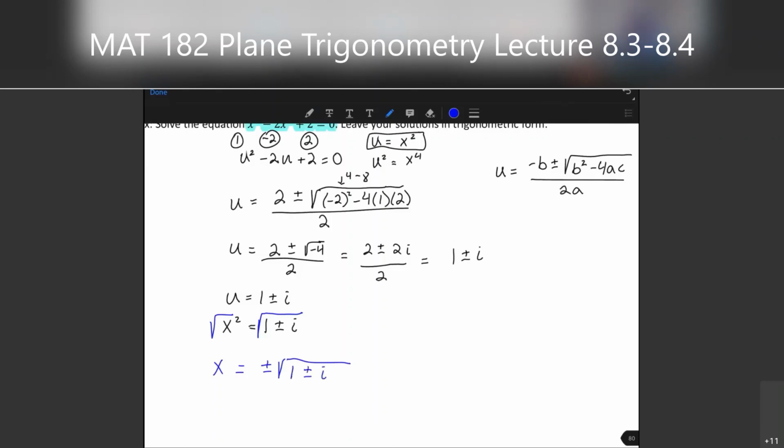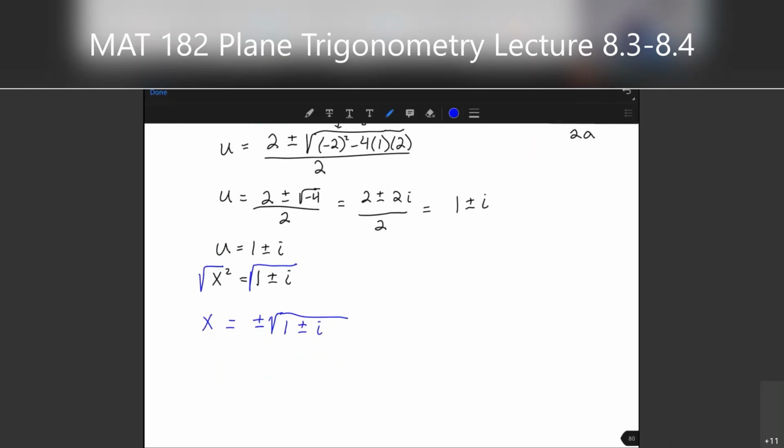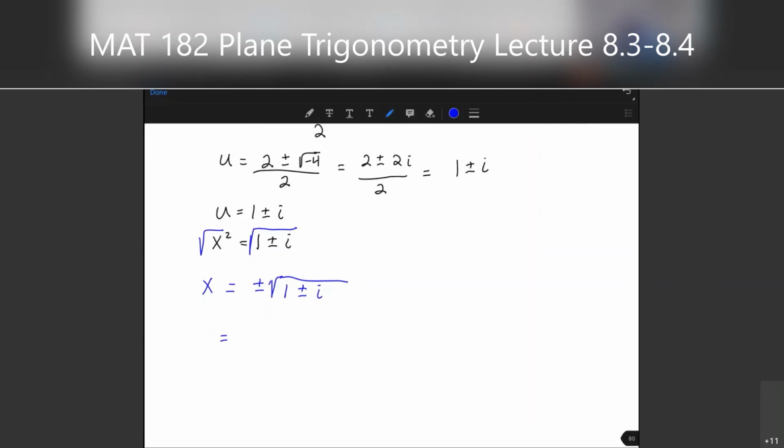That looks kind of crazy, but there are really just 4 solutions there. That's exactly 4 solutions. Let's write those out just to make sure that we're clear on all 4 solutions that we're actually getting. So we'll write these out one by one. The first thing we could do is just the square root of 1 plus i. That's one of the solutions.